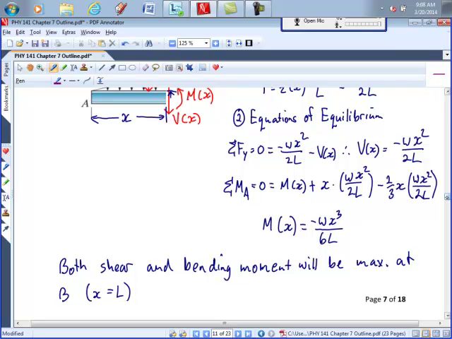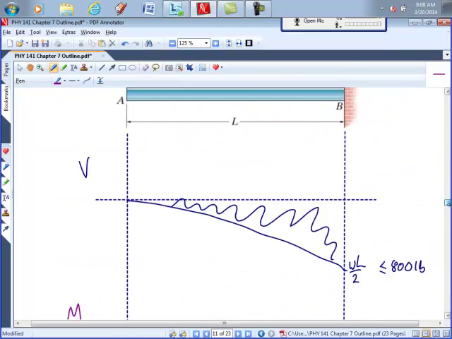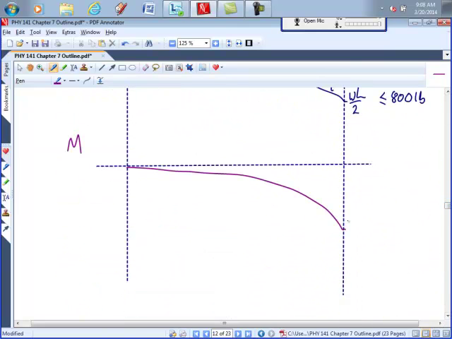And it's negative. WL squared over 6. And that has to be less than or equal to 1,200 foot-pounds. And then we can shade in the moment diagram.